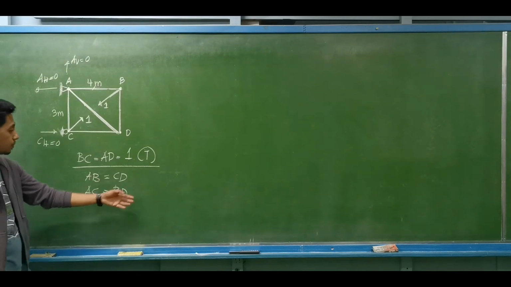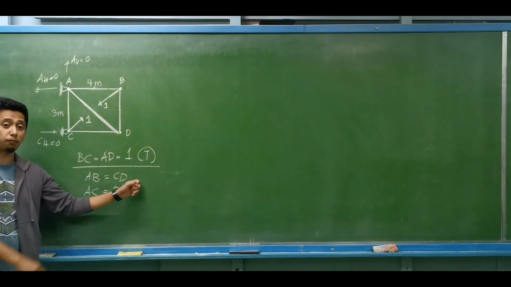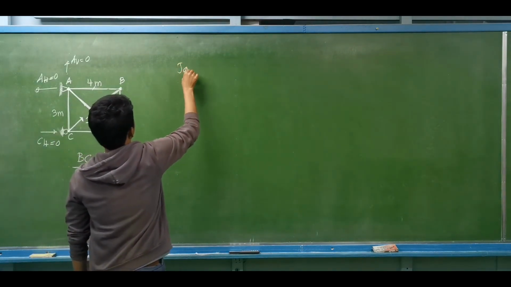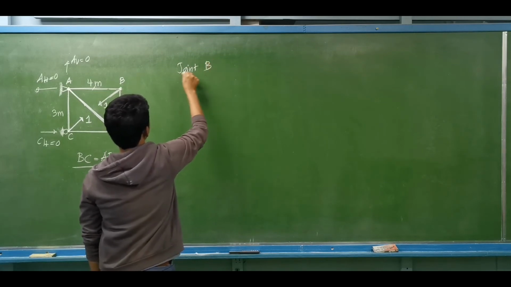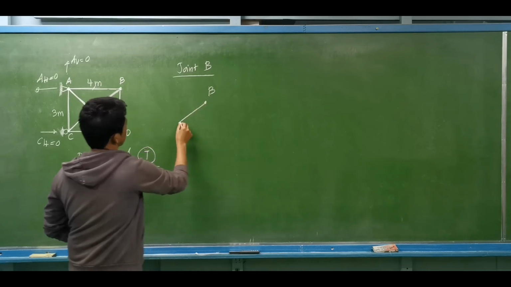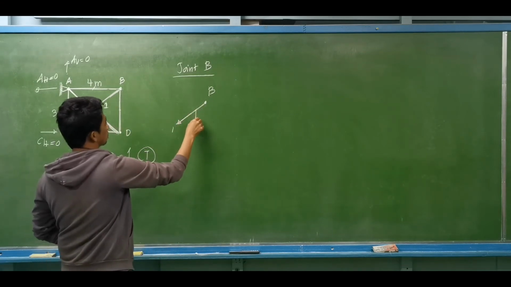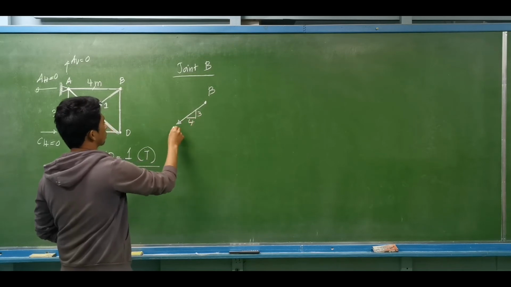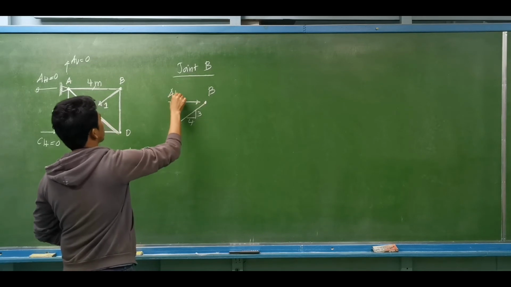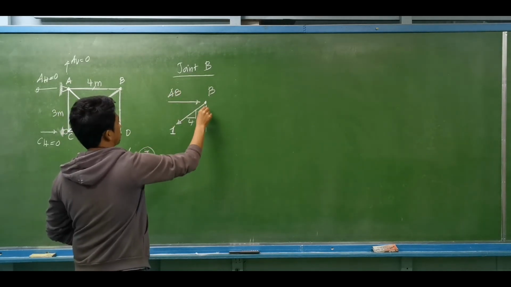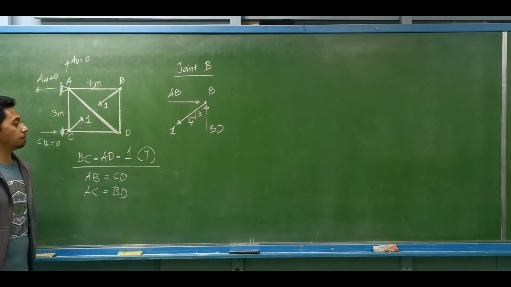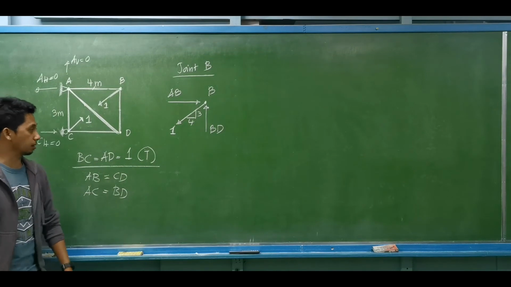So we may choose one joint, then we can have the axial force for all the members due to the 1 unit load. Let us choose joint B. I'll be assuming that member AB and member BD, the axial forces will be under compression.